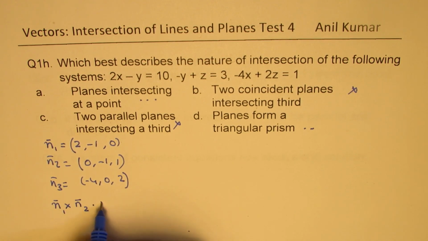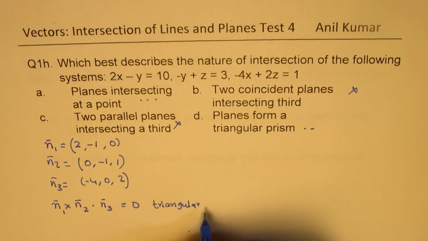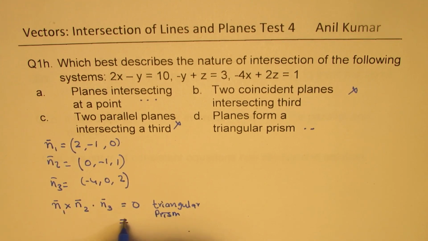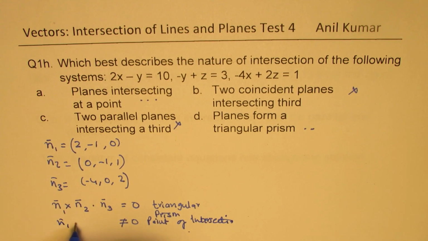If this scalar triple product is equal to 0, we'll get a triangular prism. But if it is not equal to 0, we get point of intersection. So that is kind of key. It's basically the scalar triple product.